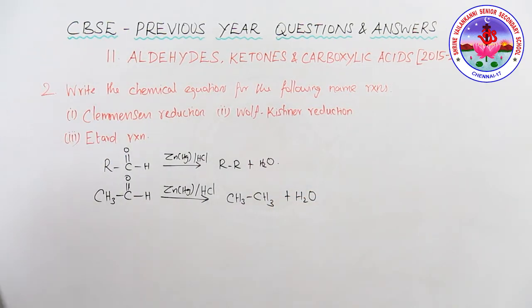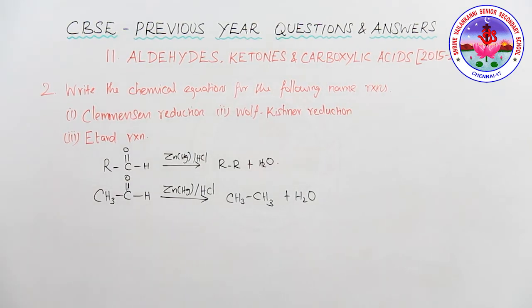So this is the chemical equation. So in the Clemmensen reduction, aldehydes react with zinc amalgam in the presence of HCl to form alkanes.